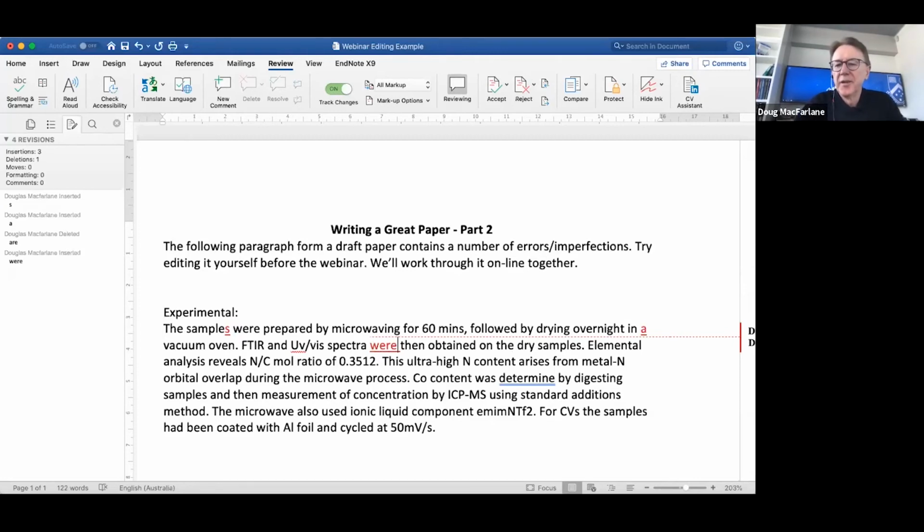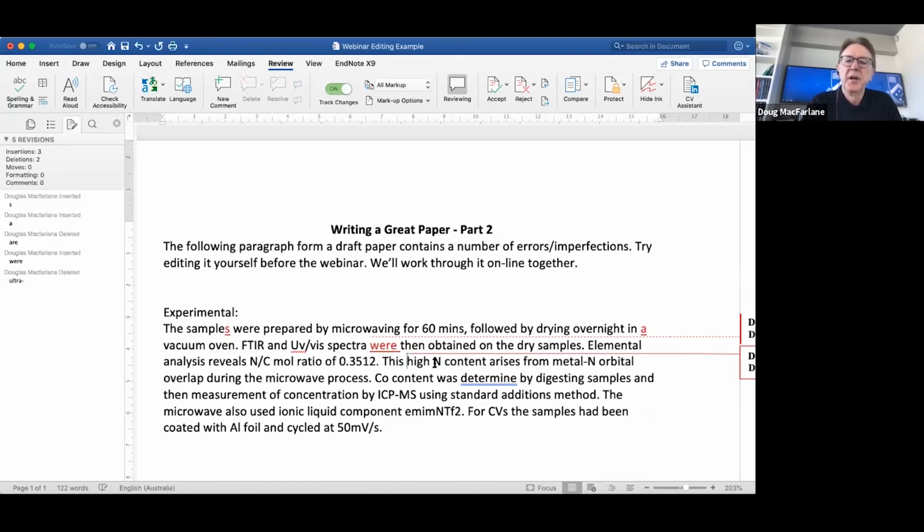Now, you know, really, this is, I think, just unnecessary, right? So step number one, let's get rid of the ridiculous claim. This high N content, okay, maybe if the previous introduction to this paper has made it very clear that a number like 0.35, in other words, a mole ratio of nearly 1/3 of N in a carbon material, as an example, was high, that was our goal, then that's okay.